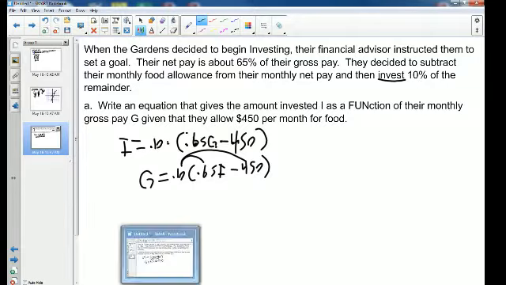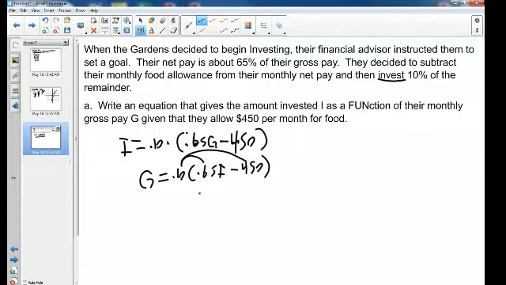So that will be 0.065 I minus 450 times 0.10, which is equal to 45.